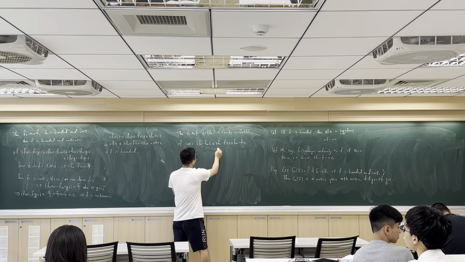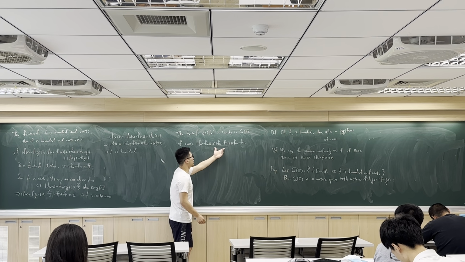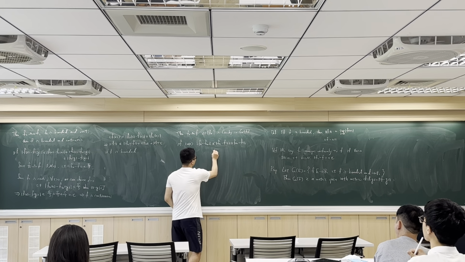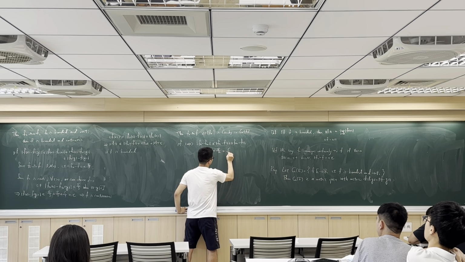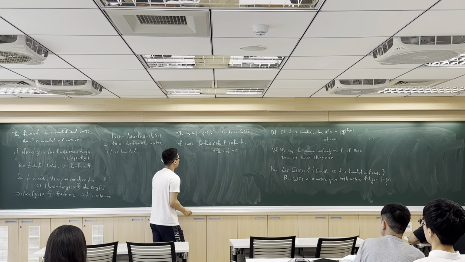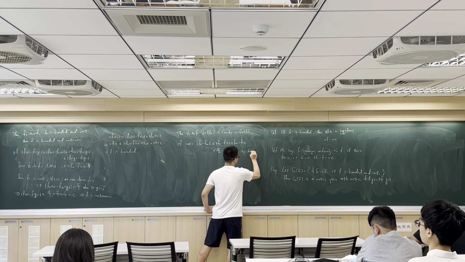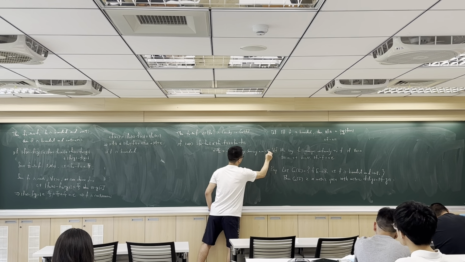And by uniform convergence, we can choose N large enough such that these two terms are less than epsilon over 2, so epsilon over 2 plus epsilon over 2 equals epsilon, by choosing n and m larger than N.